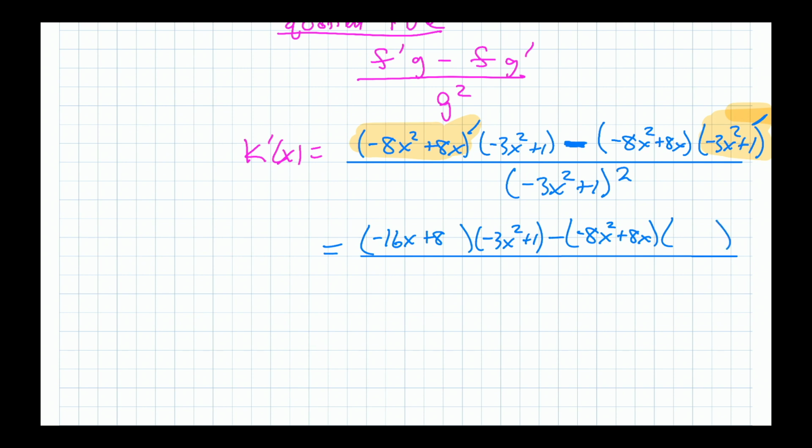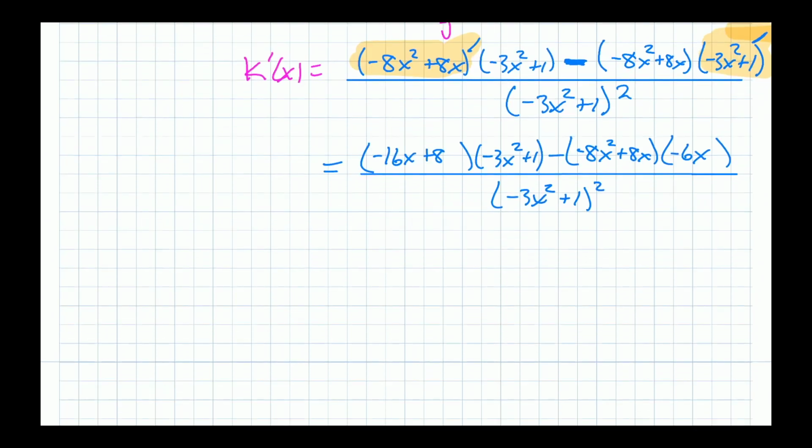So what's the derivative of negative 3x squared? It's negative 6x. What's the derivative of 1? 0. So that derivative is just negative 6x. Then in the denominator, you have this. Don't multiply out the denominator unless you got a reason to. Okay, that's important. It's just a waste of time, really.